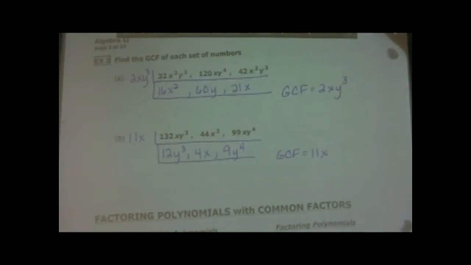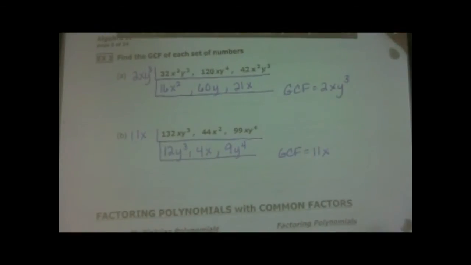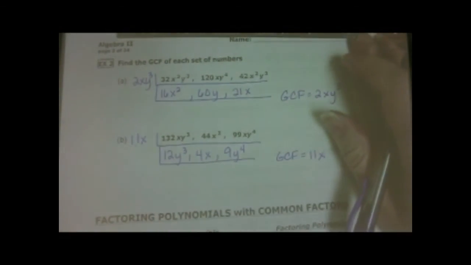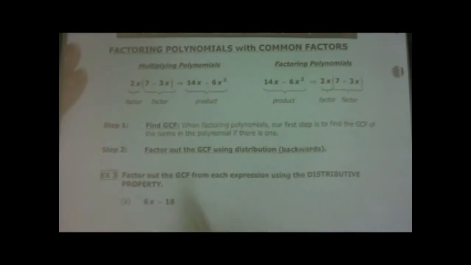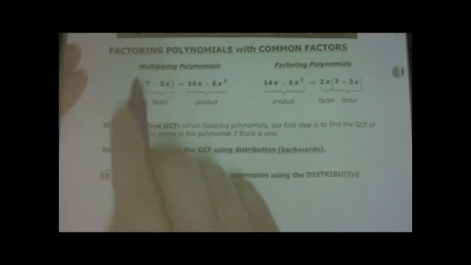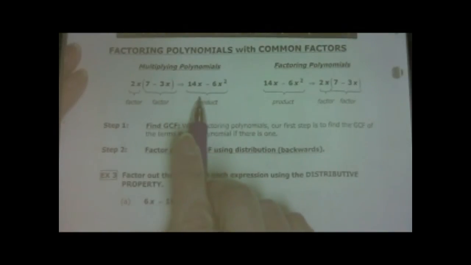I'm going to use this process for finding the GCF to factor a polynomial. And the way that I'm going to factor it is by factoring out its greatest common factor. So let's take a look at an example of this. Here is a factor. It's a monomial. Here is a factor that is a binomial. If I distribute, I get this product that's a binomial.